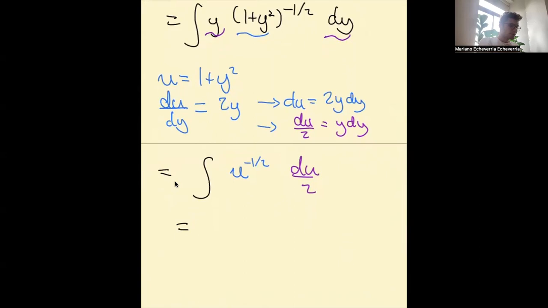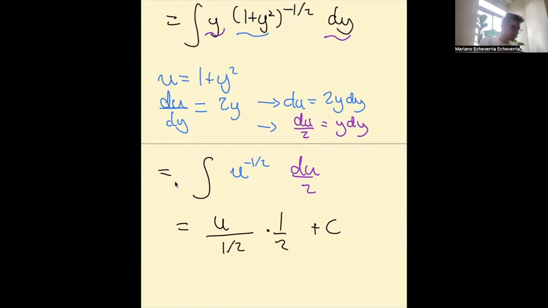So when you add 1 to the exponent, it becomes u to the 1/2. And you have to divide by the new number. But there's still a 1/2 that comes from here, and that has to be added plus a constant, right? So it starts taking this shape.